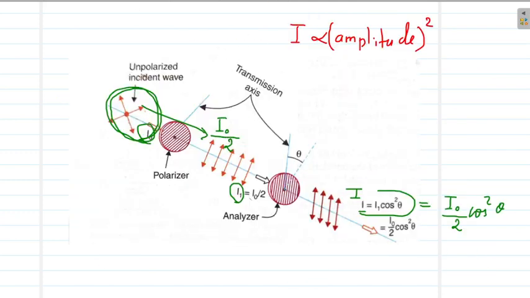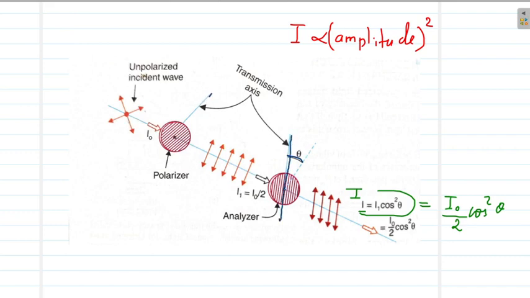Here you can also see that this theta angle could also be defined as the angle between the transmission axis of the analyzer and that of the polarizer. Here we define theta as the angle between the plane of polarization of the incident plane polarized light and that of the transmission axis. This was defined as theta. And since this direction of the electric field is parallel to this transmission axis, we can say that this theta also represents the angle between the transmission axis of polarizer and the analyzer.